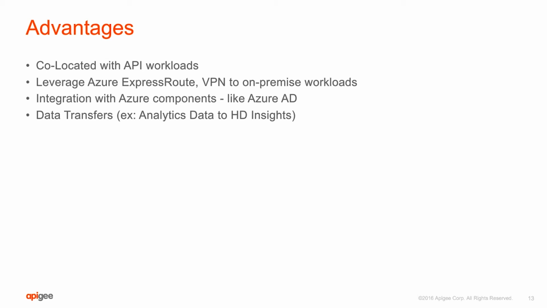So depending on where you're located and who you have your existing relationships with, that's where you would start that conversation. And once you've got the circuit in place, creating an ExpressRoute link is a pretty simple matter through the Azure portal. Then, once those channels are in place, you've got secure connectivity between your Azure assets and your on-prem assets.